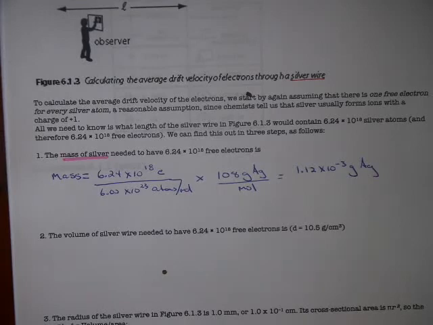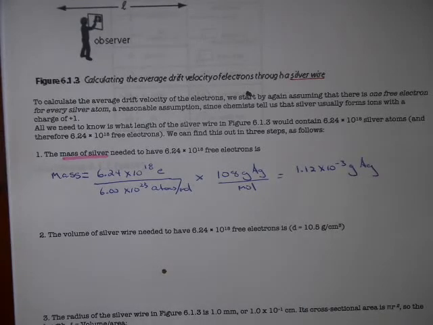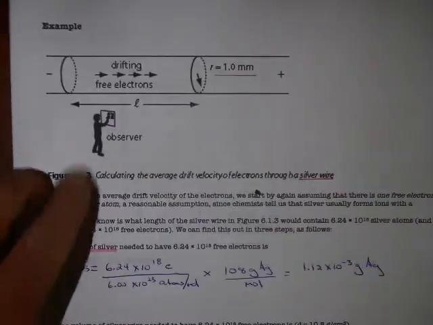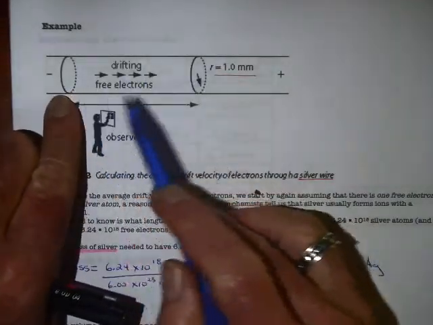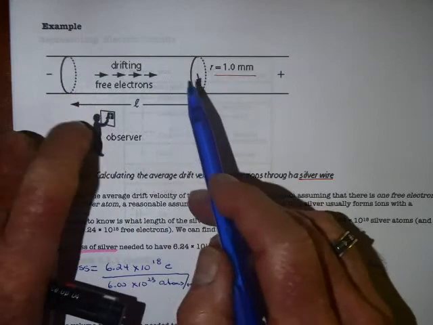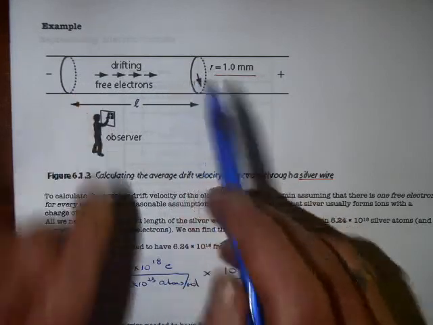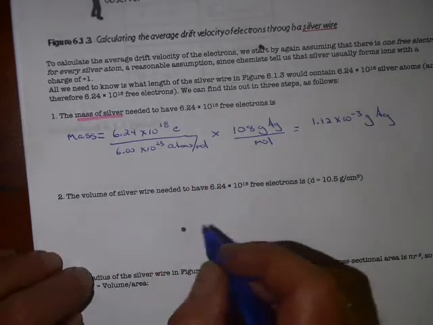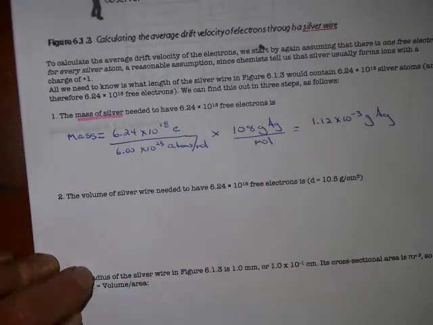The next thing, so what we've done here is we've calculated the mass of this silver here. We haven't figured out the length or anything yet, but we have calculated the mass. Okay? The volume of the silver wire. Oh, and here's the density.